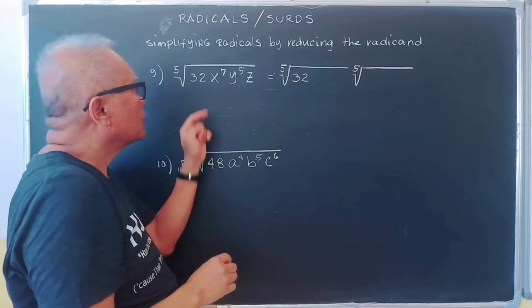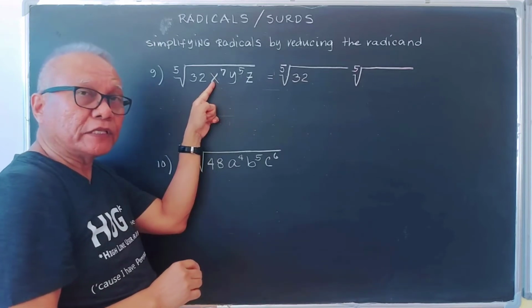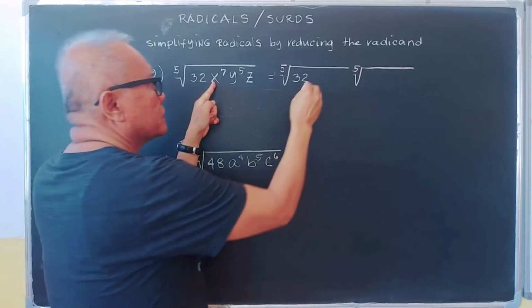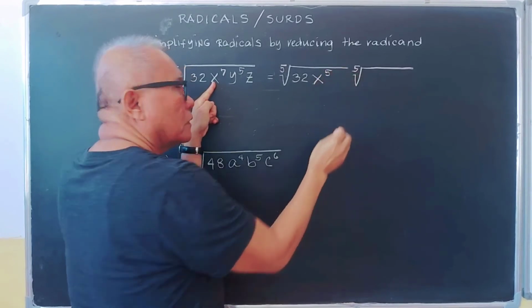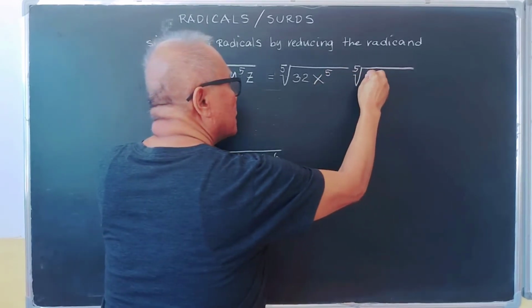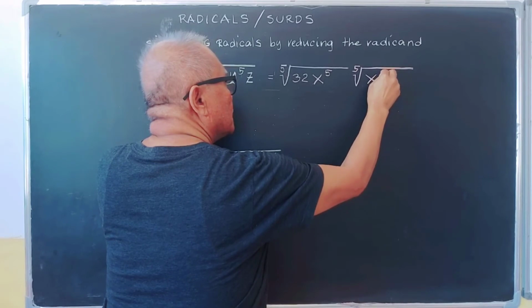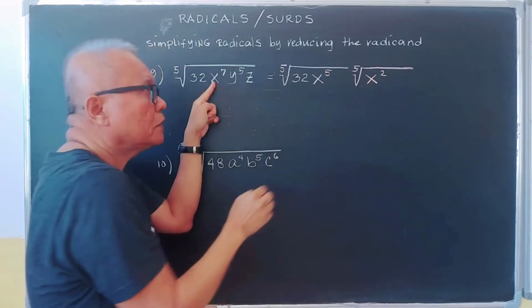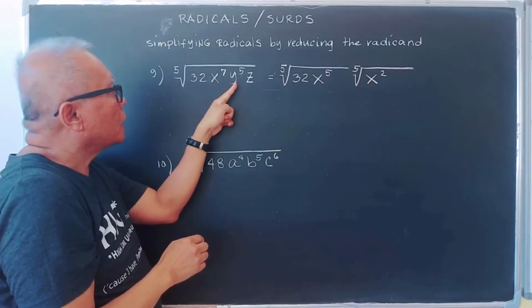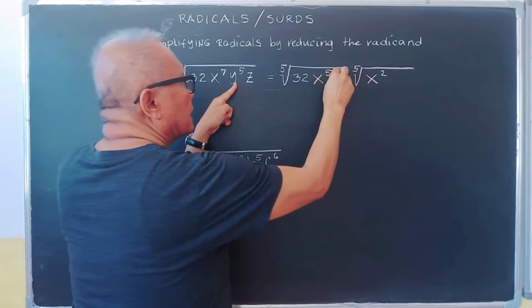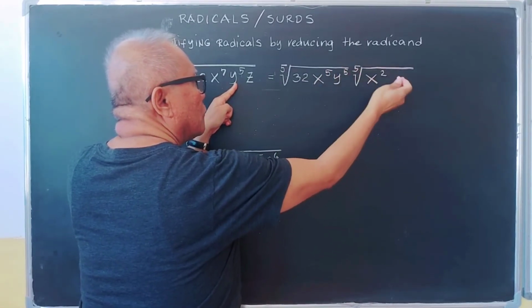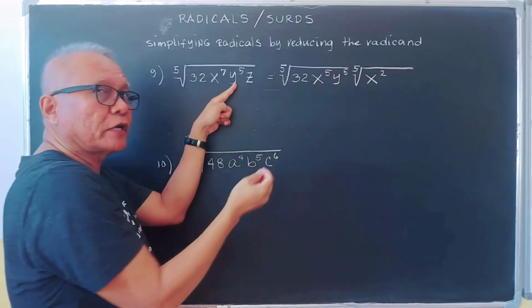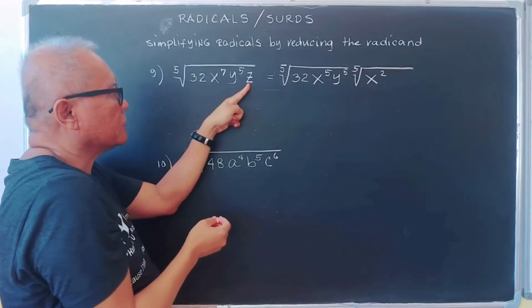Okay. X to the 7. We need only 5 of this. X to the 5th. The missing one we write here. To the 2nd. 5 plus 2, 7. Y to the fifth is exactly y to the fifth here. Y there? No. We have already the y to the fifth there. Z?